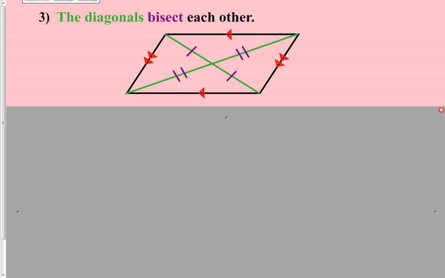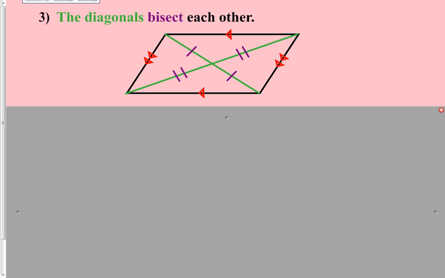All right, another thing that happens when your quadrilateral has both sets of opposite sides parallel is your diagonals will bisect each other. Now, we had a definition for diagonals a while back. We haven't talked much about them, but we're going to start to see them appearing in our shapes more and more often.